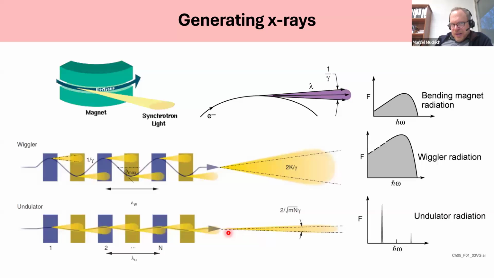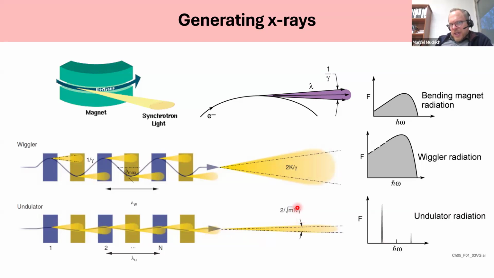And another advantage, besides the very sharp narrow band emission spectrum of undulators, is that also the divergence angle of the undulator beams is much lower. It does scale like 1 over the gamma relativistic parameter, just like the other two sources.